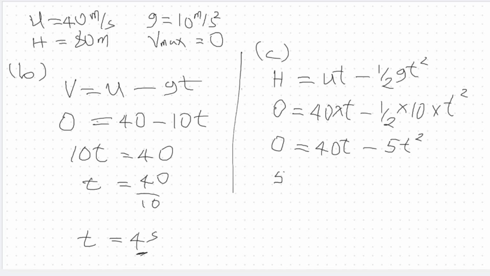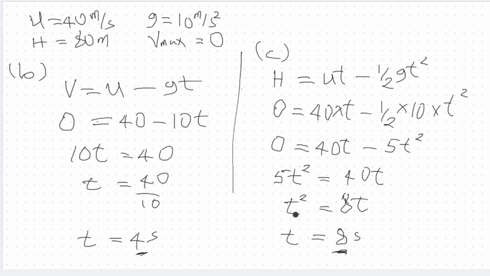We're going to have 5t square equals 40t. Okay, if we divide both sides by 5, 5 will be cancelled there. We have t square. Divide the 40t by 5, we're going to have 8t. Okay, 8t. So now if we divide through by t, one of the t here will remain, it's going to be equals to 8 seconds as our answer.